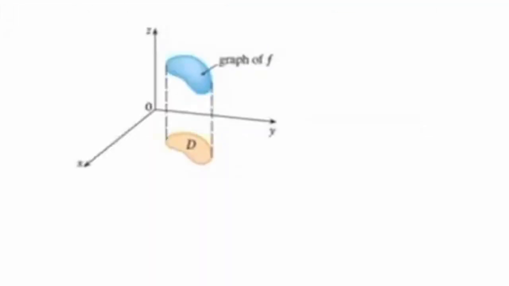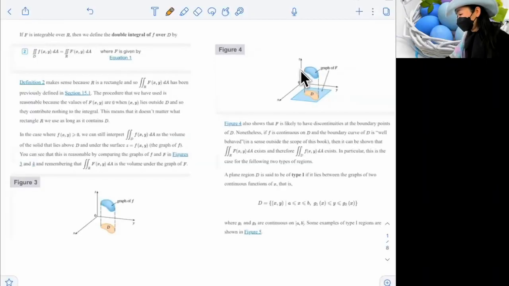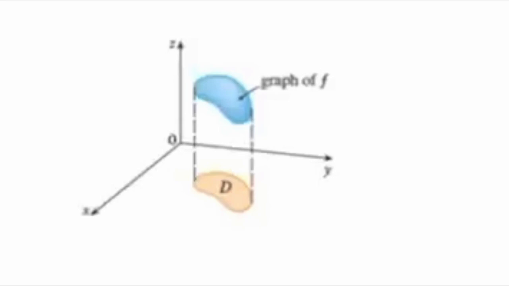Now, remember last time we talked about double integral geometrically. If the function here is a positive function, we can interpret that as the volume, right? Single integral corresponds to the area under the curve. Double integral here, if it's a positive function, think about that as the volume under the surface, right?